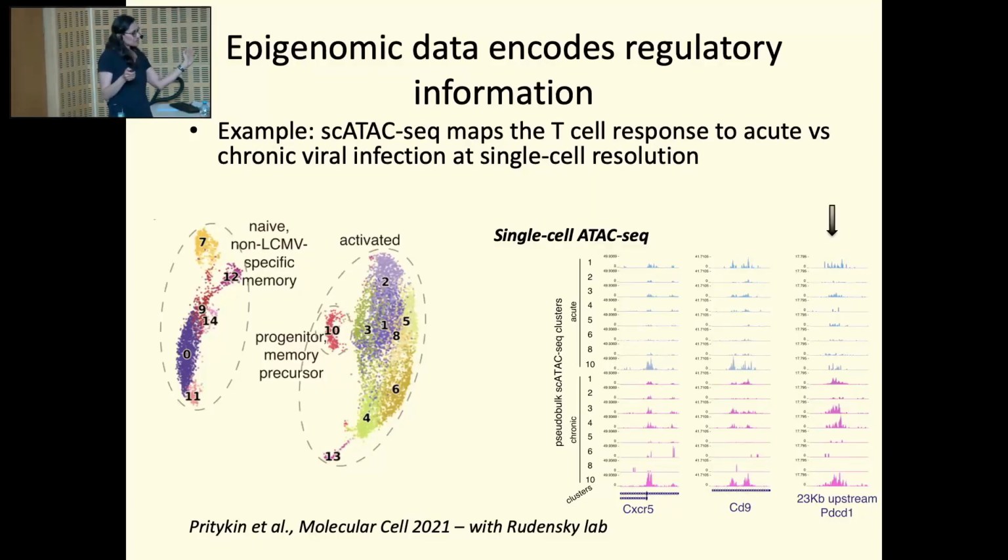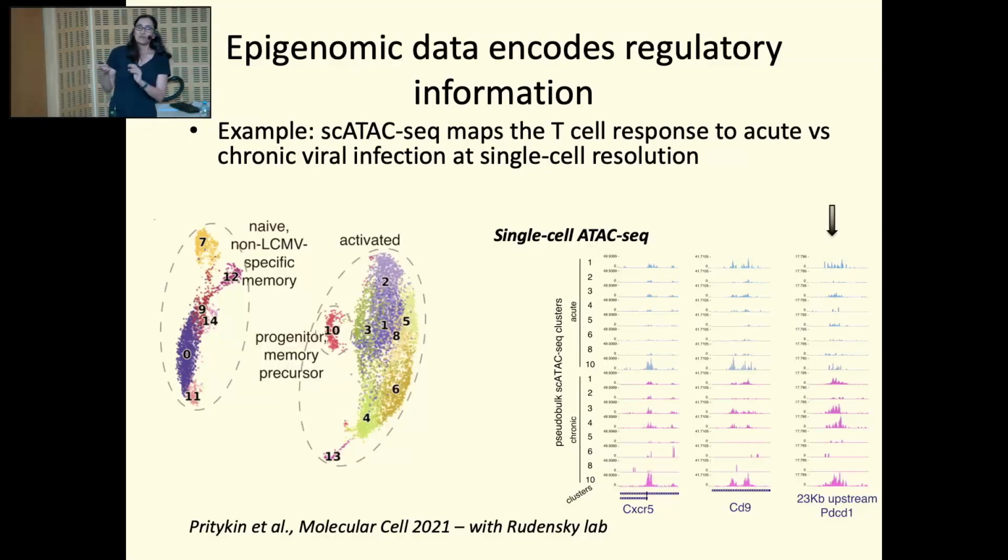This is very sparse single cell data, but we can look at specific loci. And this is at the pseudobulk level, so we're taking a cluster of cells, looking at the locus, and piling up reads. And that same enhancer that we saw in bulk, that you only see in exhausted T cells, we can see it opening up in single cells. Okay? So that's just the intuition and some T cell stuff.